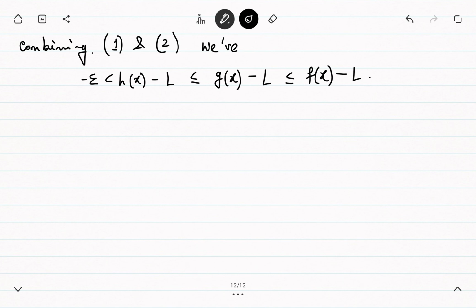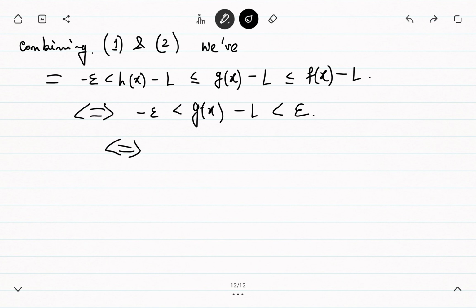And if it is so, this means minus epsilon is less than g of x minus l, which is less than positive epsilon. If you do one more step, this is if and only if, so you will see that g of x minus l is between minus epsilon and epsilon.